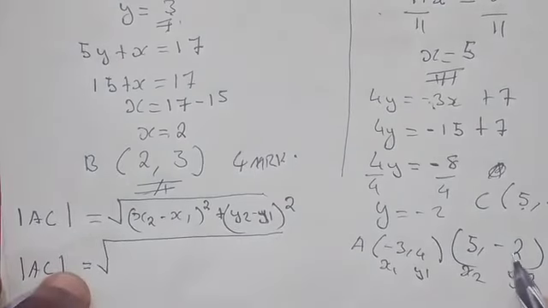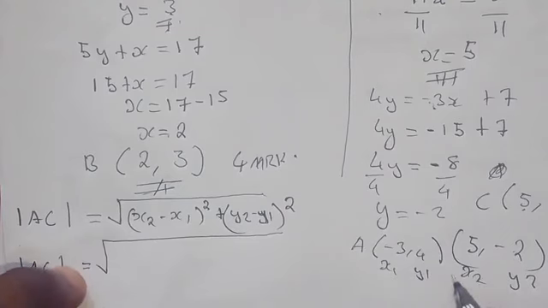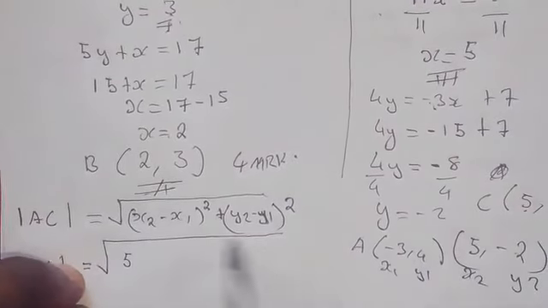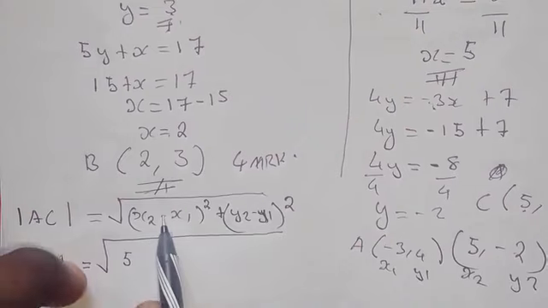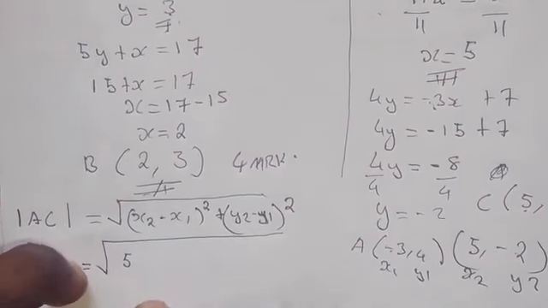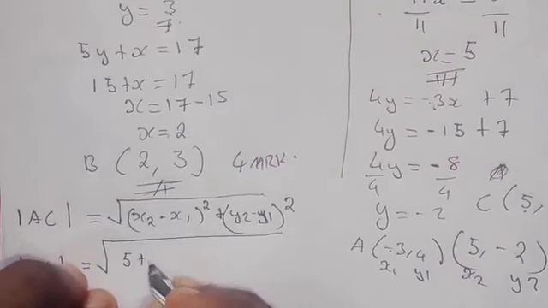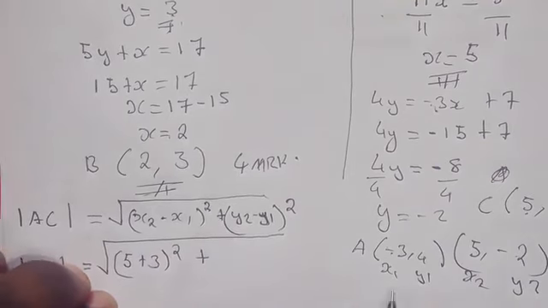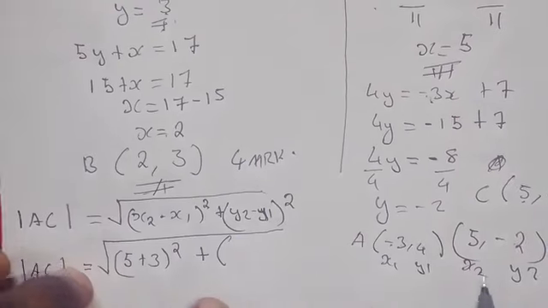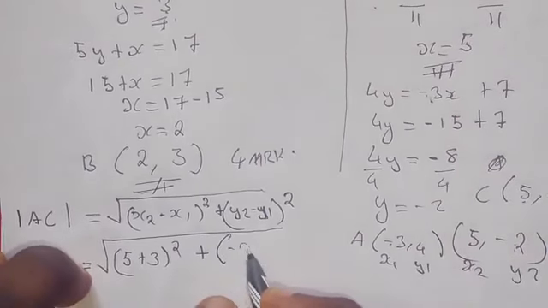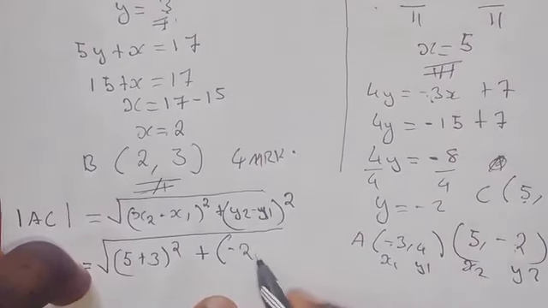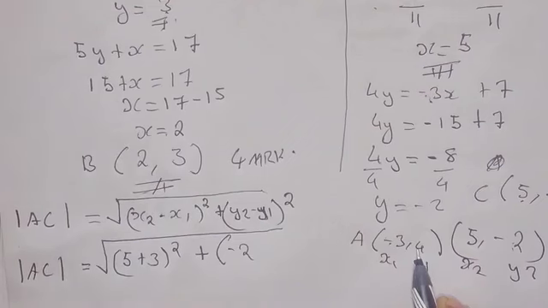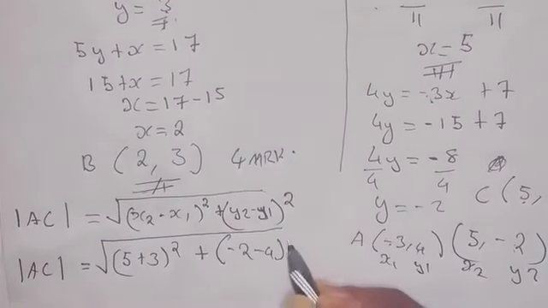So we have x2 minus x1, so we're going to have 5. Remember, we are subtracting and this is negative, so negative multiplied by negative gives us a positive, squared, plus our y2, which is negative 2, minus 4, squared.